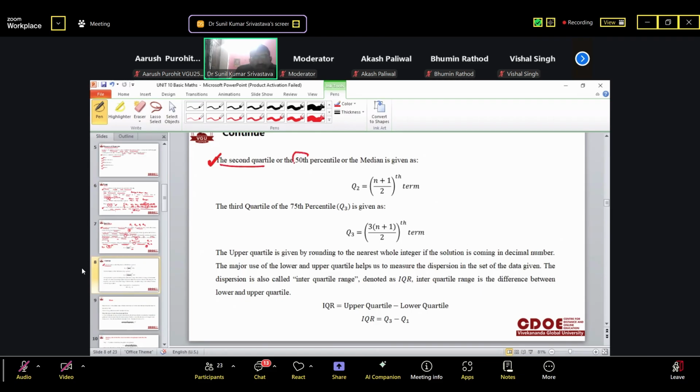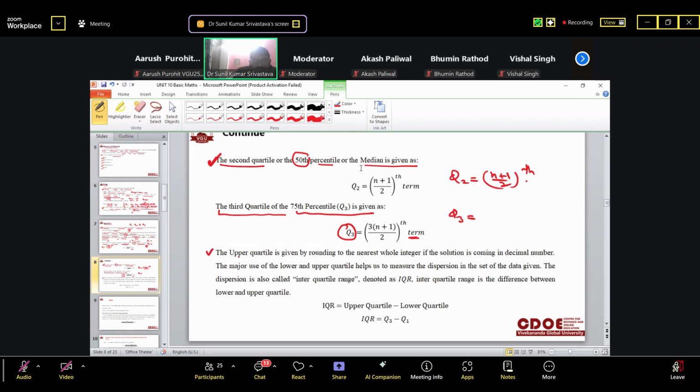The second quartile is the 50th percentile or median, which gives us Q2, and it is the (n plus 1) by 2th term of the observations. The third quartile is the 75th percentile, that is Q3, and it is given by the 3(n plus 1) by 4th term of the given observations.